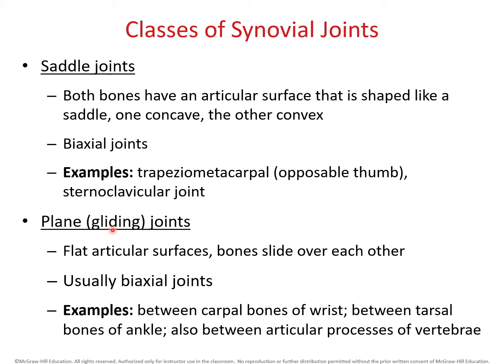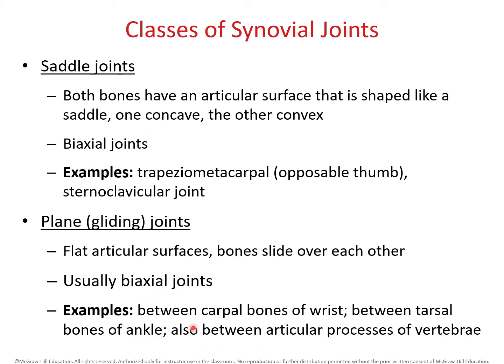Plane joints, also known as gliding joints. These joints have flat surfaces, so the ends of the bones are both going to be flat, and they just slide over each other. These are also biaxial. And actually, most of our synovial joints are biaxial.